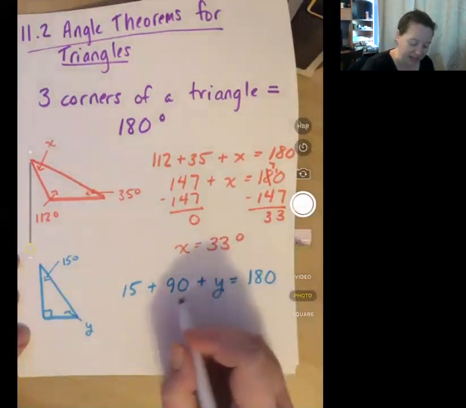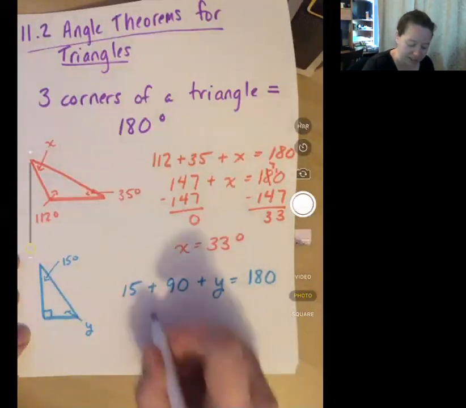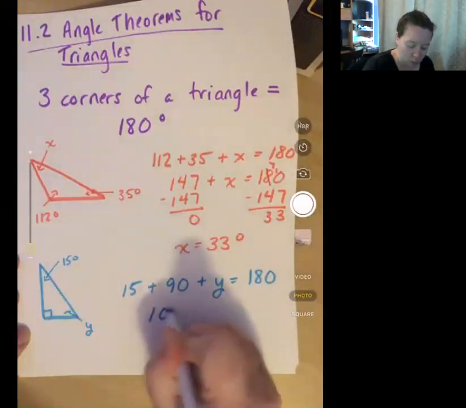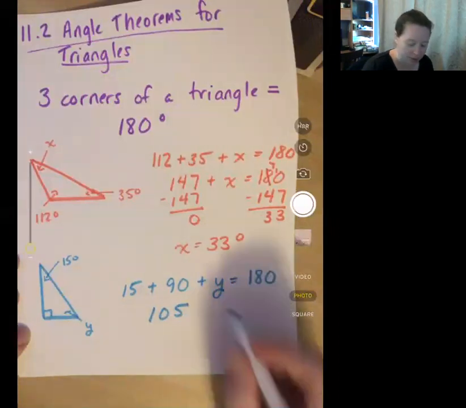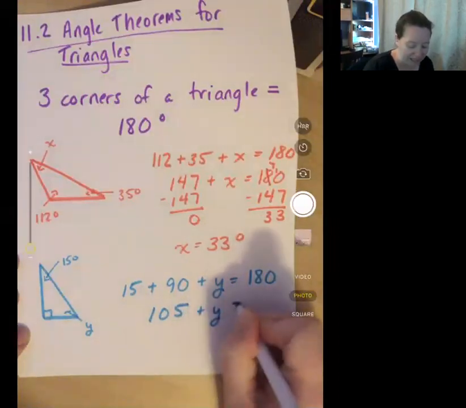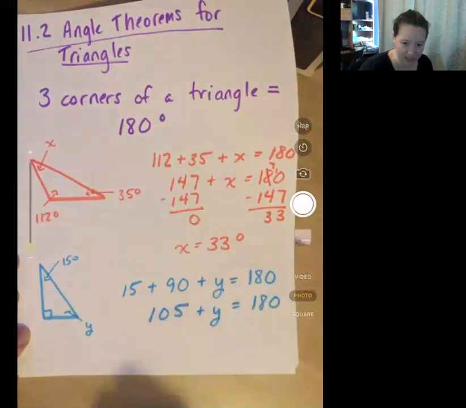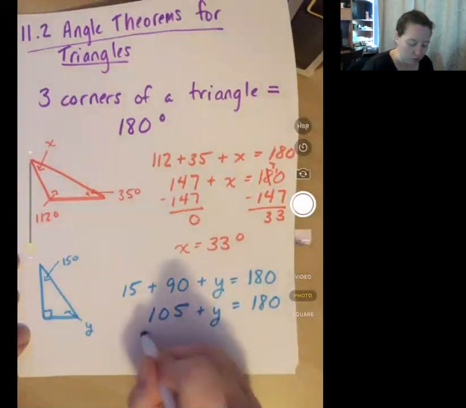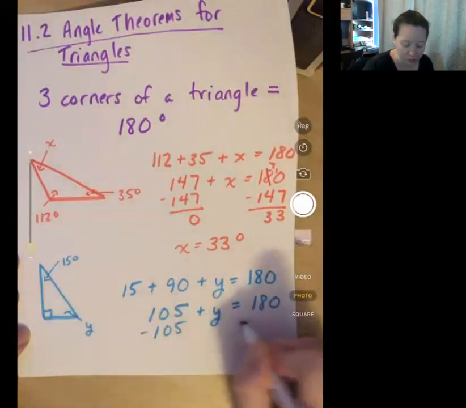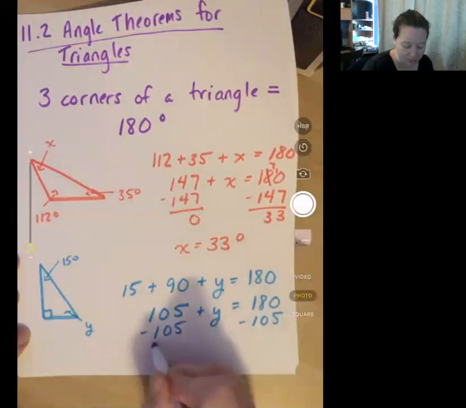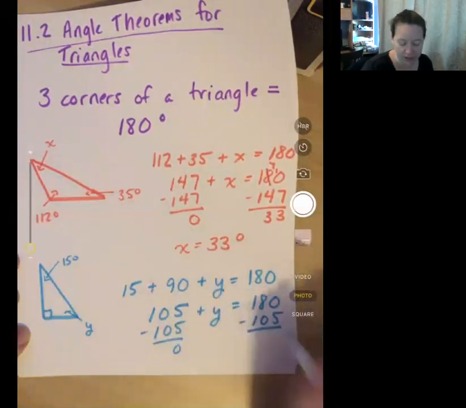I add these together. The 15 plus the 90 gets me to 105, plus y equals 180. I subtract the 105 from both sides. Get a 0 there.